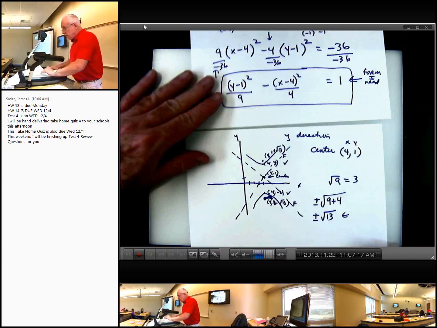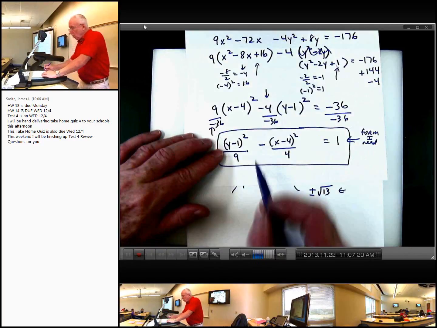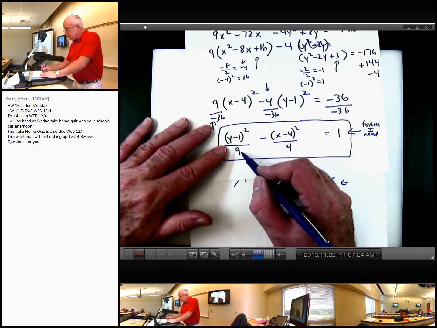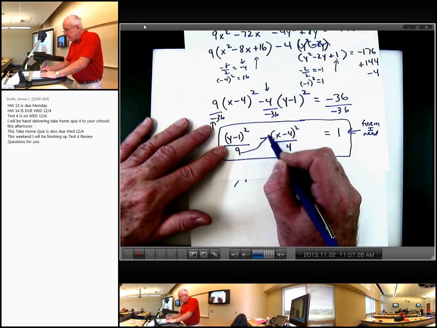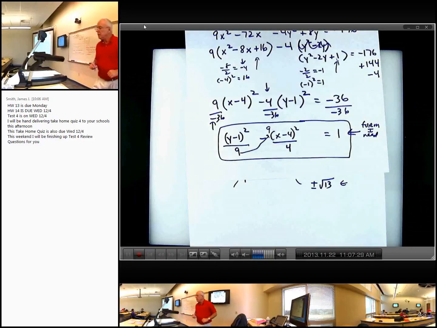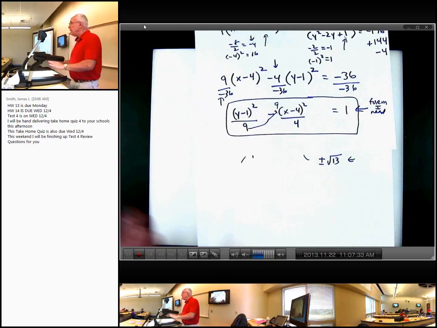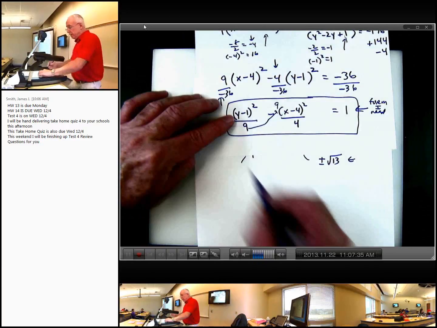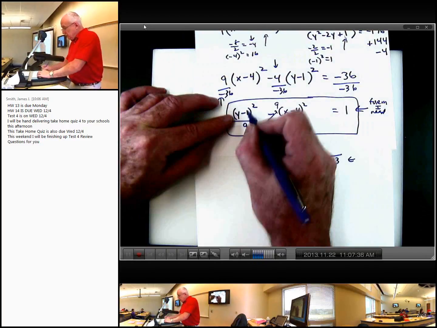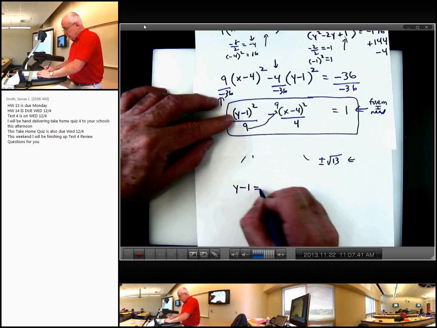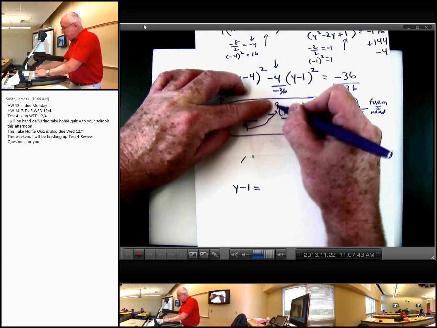Let's look at our equation here. Okay. If I multiply both sides by 9, put the 9 up here, what I have here then, I can actually read off my equation right away. y minus 1, take away the square, equals, now I have 9 over 4.